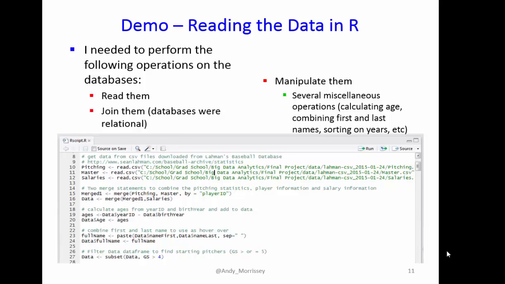And finally, I needed to manipulate the databases. Several miscellaneous operations here, like calculating age, combining first and last names, sorting out the data on years, etc. At the bottom of the screen here, you can see some of the code where I'm reading in the CSVs, merging them, and doing some of these manipulations.